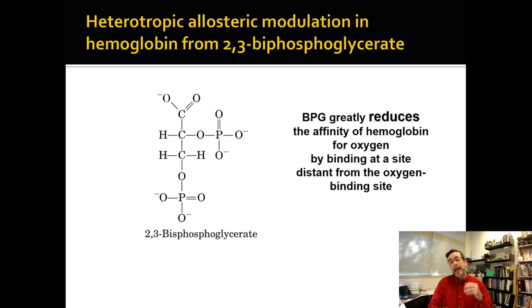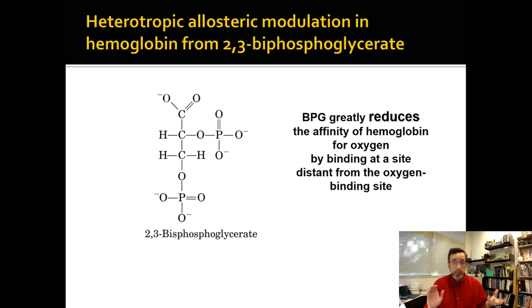Normally it's in glycolysis, and your body pumps out more of it. It pulls it out of the assembly line for glycolysis, or the disassembly line, because you're breaking apart glucose, and pumps it into the red blood cell because it will actually change the shape of hemoglobin.